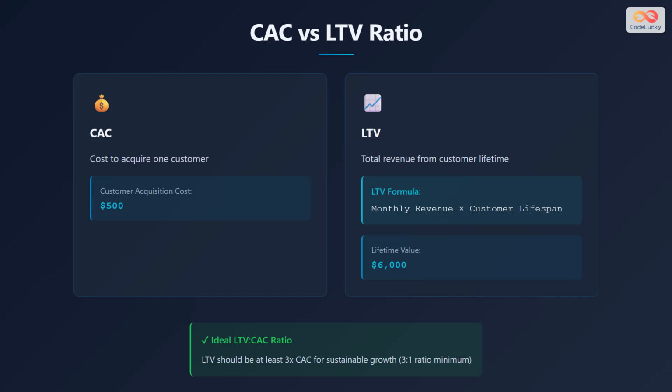If a customer generates $100 monthly and stays for 50 months, their LTV is $5,000. Now compare this to their CAC of $500. That's a 10-to-1 ratio. The golden standard in business is maintaining at least a 3-to-1 ratio between LTV and CAC. This ensures that for every dollar you spend acquiring a customer, they generate at least $3 in lifetime value.